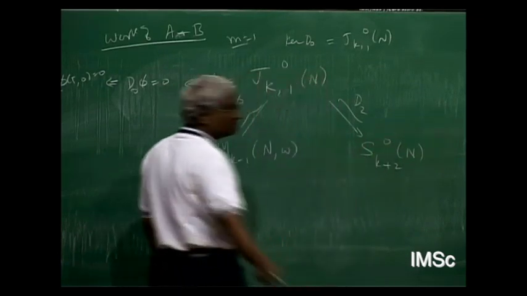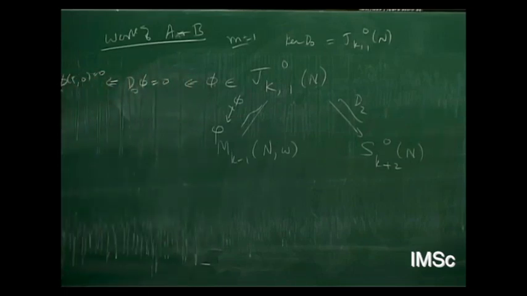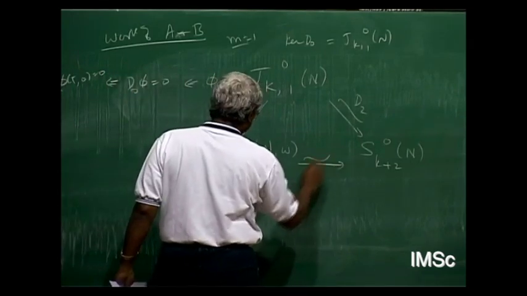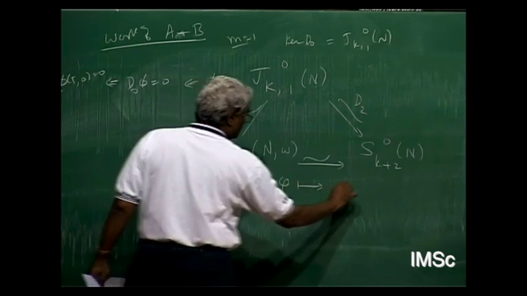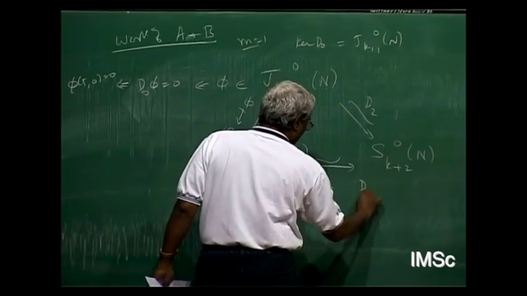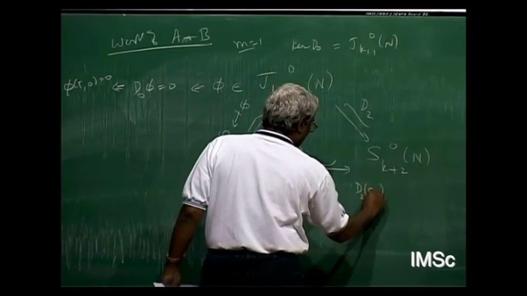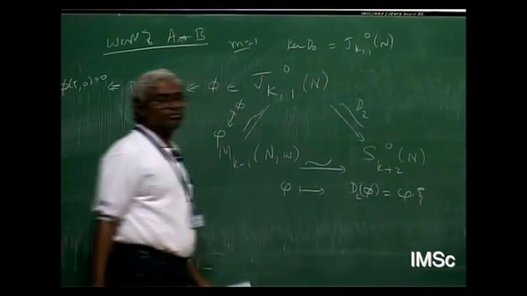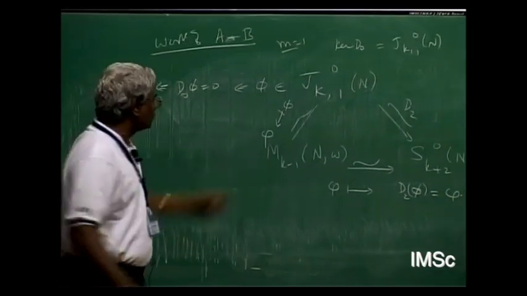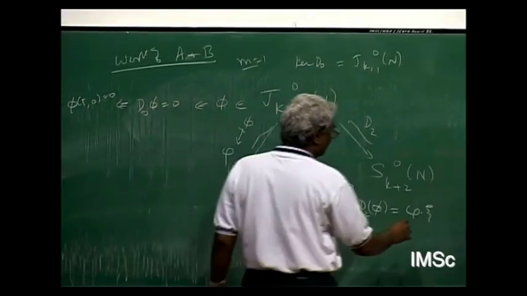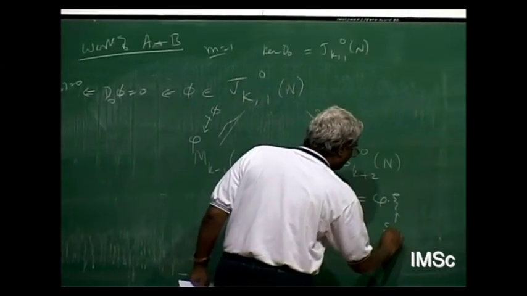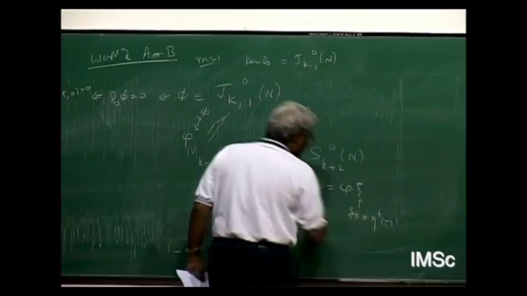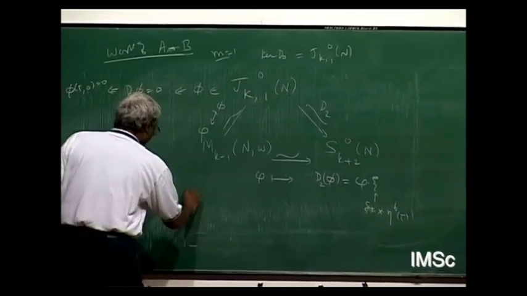So therefore naturally there is an isomorphism sending phi to a function D2 phi, which is given by phi times some modular form psi. It happens that psi is a constant times eta^6(tau), where eta is the Dedekind eta function.